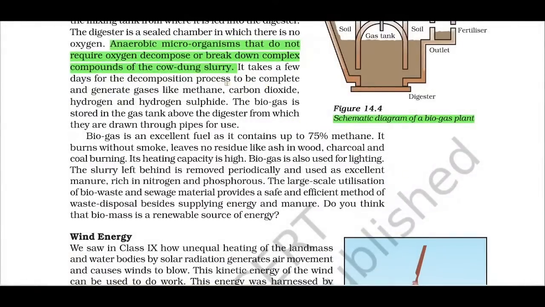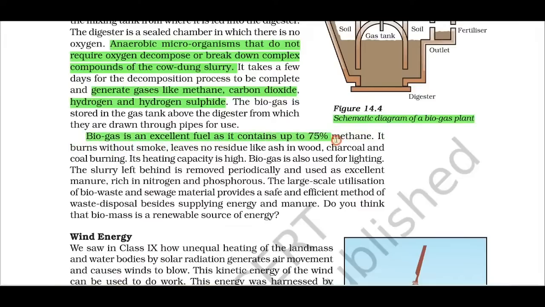Now, the decomposition of biomass results in gases like methane, carbon dioxide, hydrogen gas, and hydrogen sulfide. The main component of the biogas is what? Methane. It is methane. You should know the steps to generate biogas.